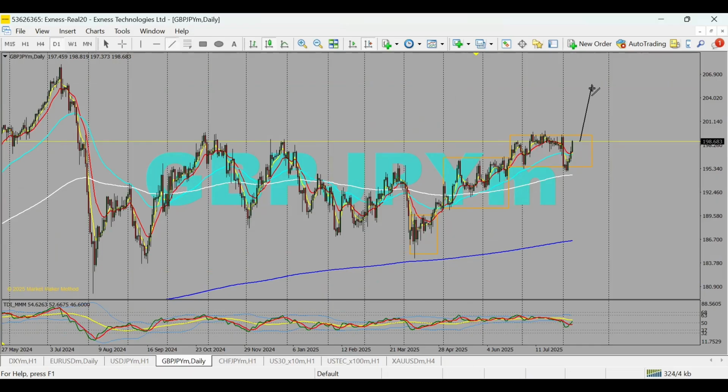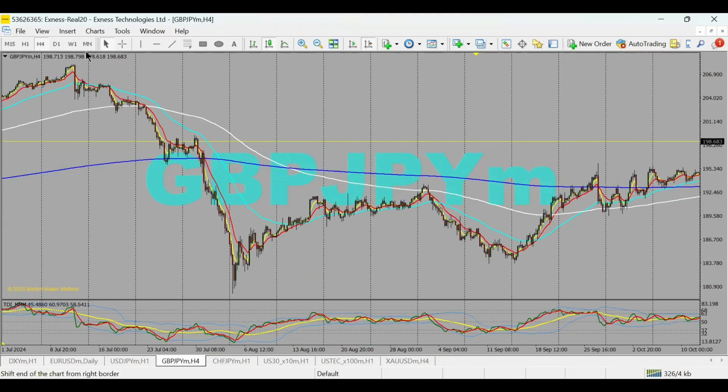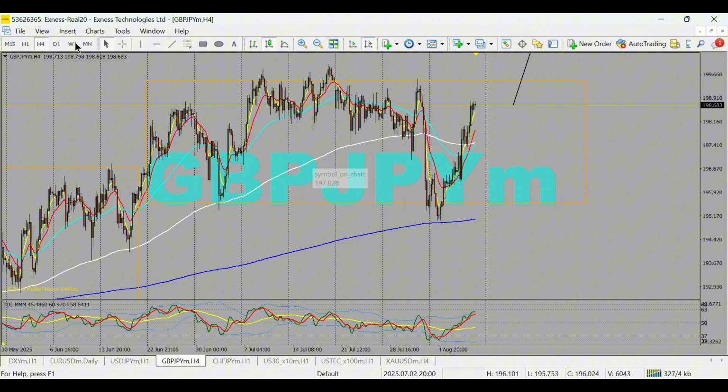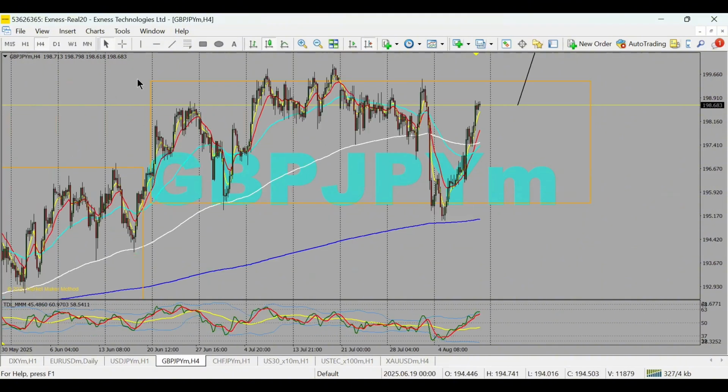All right, but as you know, price doesn't move in a straight line. So we have to trade with a plan. All right, so this is currently how the H4 is looking. This is the H4 time frame.